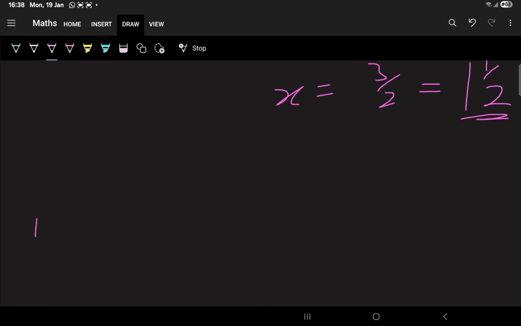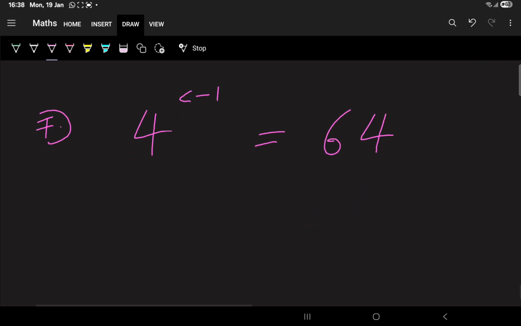Now let's take it a step further. This is the given equation. 4 raised to the power of c minus 1 is equal to 64. Now, as usual, 64 can be written as 4 raised to the power of 3.